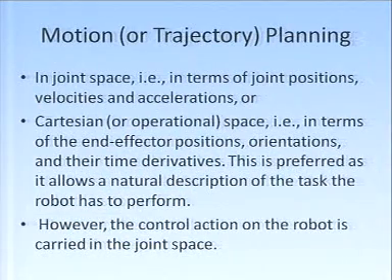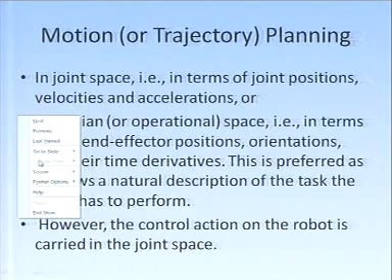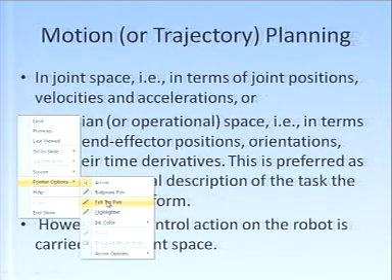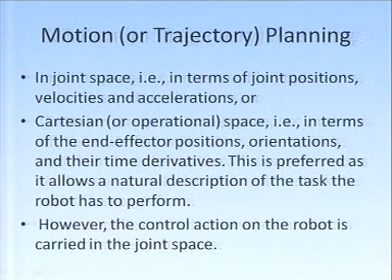So, when we say trajectory planning, it could be in joint space. That means, you tell me at the first position what the joint angles were, and in the second or last position what the joint angles were. Okay. So, knowing these two joint angles, I can decide what trajectory I want to follow, and then correspondingly I can find out the velocities and accelerations. We call it joint space trajectory planning.